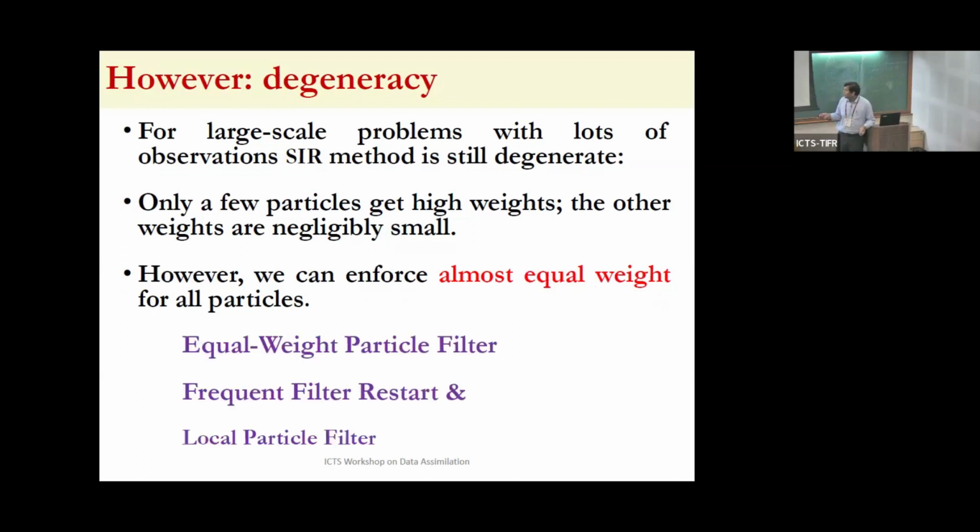So they developed some methodology like the local particle filter, in which again they consider the concept of localization, inflation, etc. Then parallelly, Van Leeuwen also developed one filter, the equal weight particle filter, and he mentioned that this filter can be used for a high dimensional problem. In one of his works, he showed that this kind of filter will work.